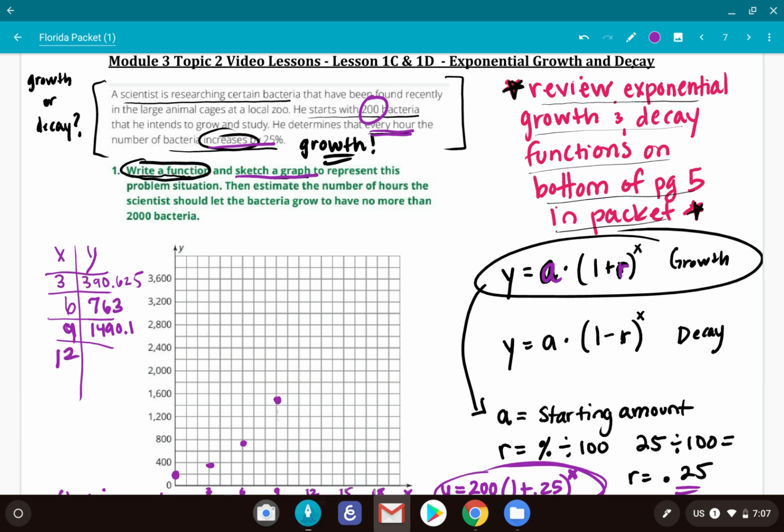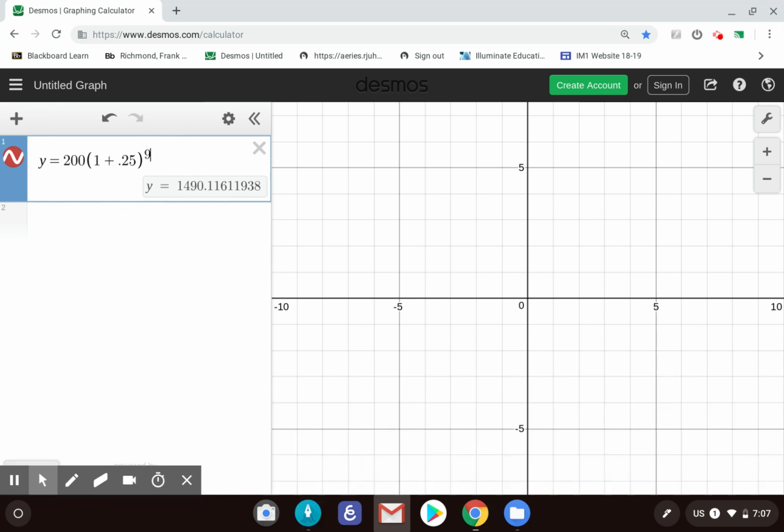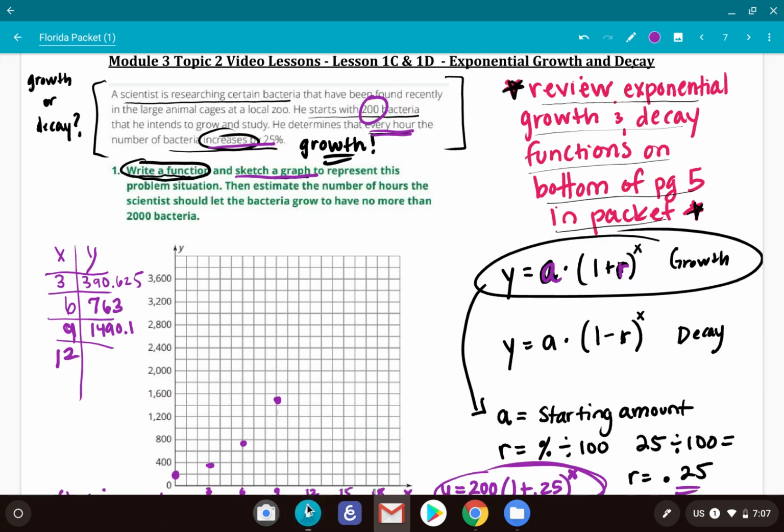We'll do 12 hours. You get 2,910. You could round that. All right, and the bacteria is going to be growing at an exponential rate. You can see it's going to continue to increase.